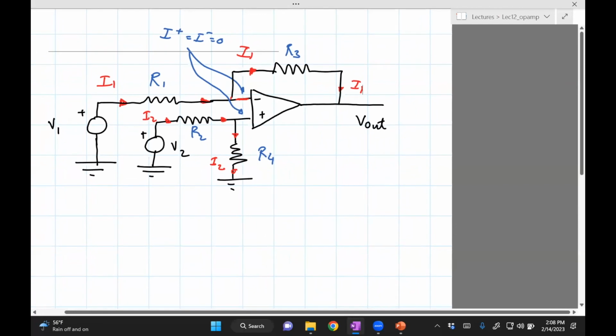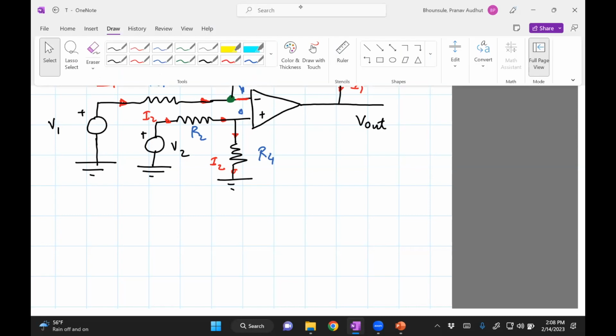Now this one is V minus, and this one is V plus. Maybe I should just write it in the right place. Redraw this.